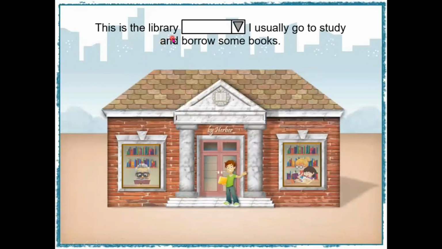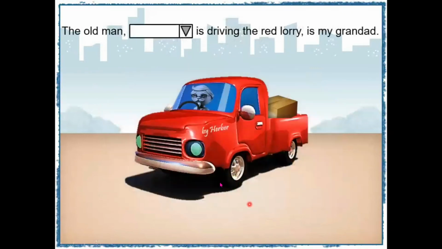This is a library, a place. I usually go to study and borrow some books. Place يعني هستخدم إيه؟ Where. The old man ___ is driving the red lorry is my granddad. The old man الذي يقود الريد lorry is my granddad.